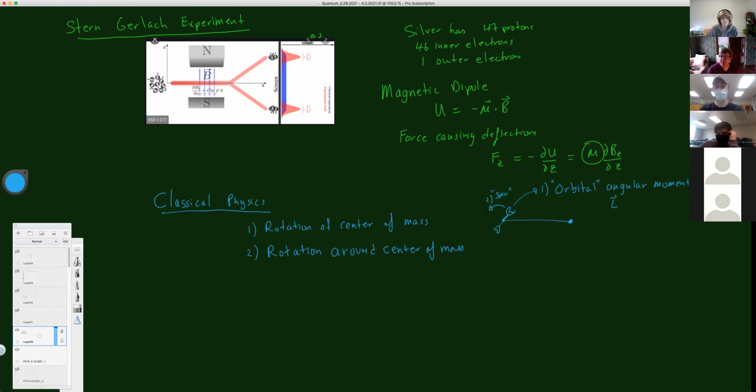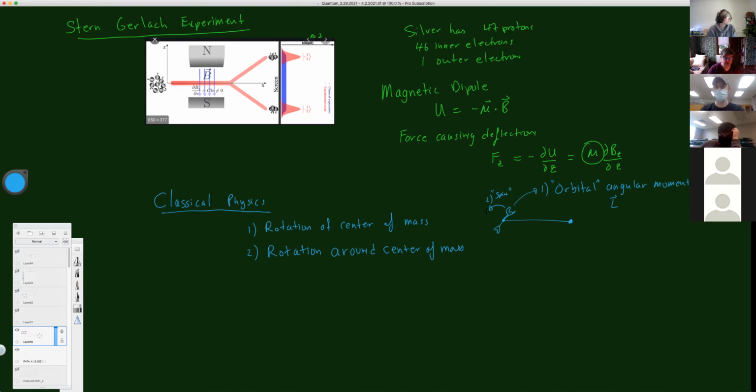This here, the spin around the center of mass, the electron is not really spinning around its center of mass. That is not happening. In fact, if you were to calculate what would happen if the electron was really spinning around its center of mass at the level that it would need for its intrinsic angular momentum, it would fly apart.